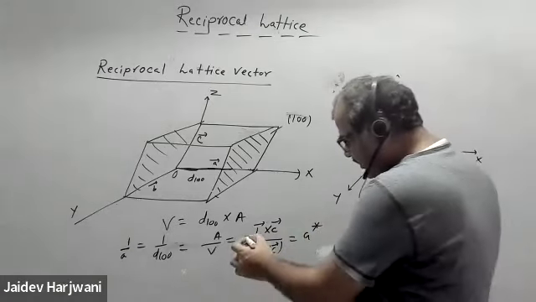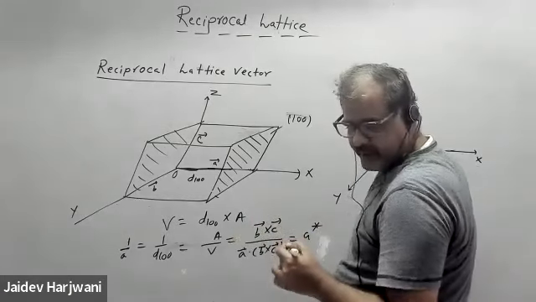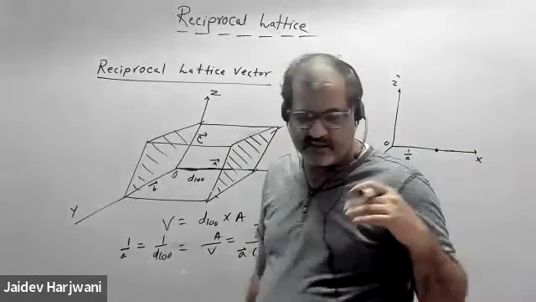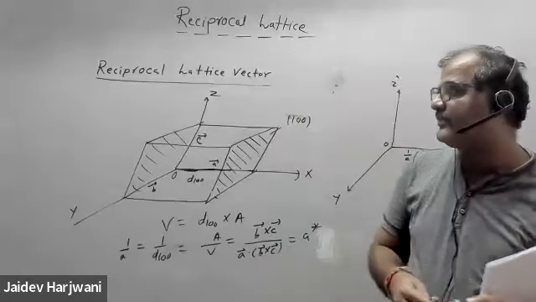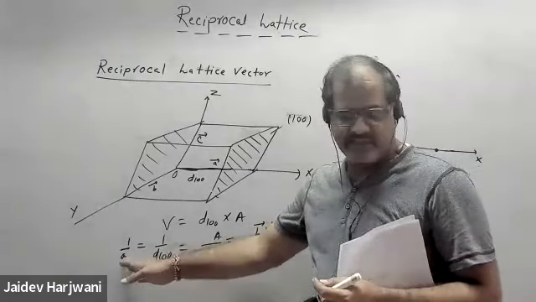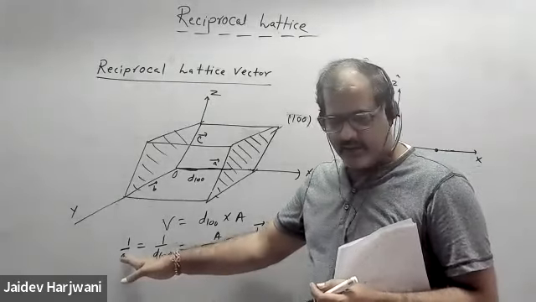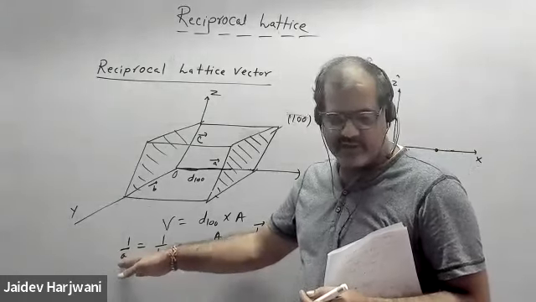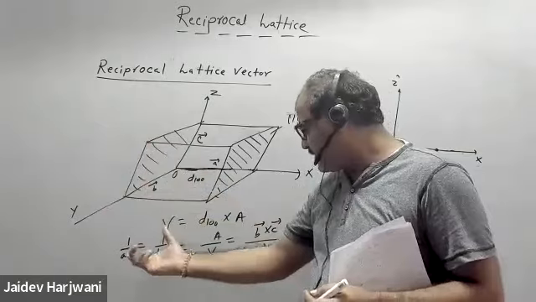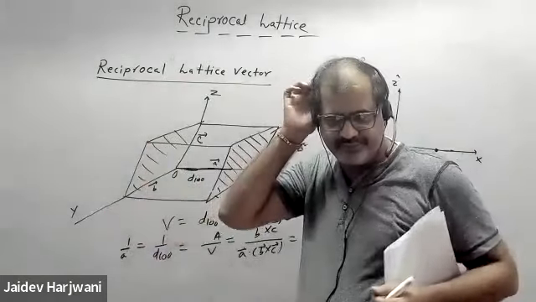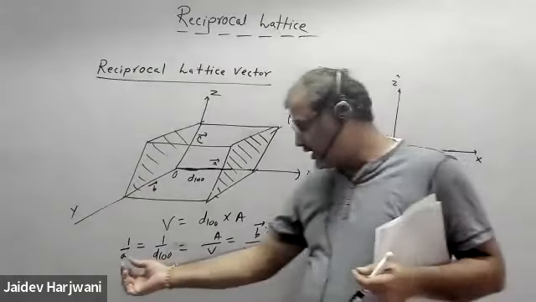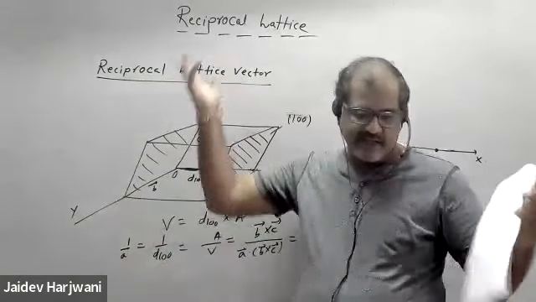Here we don't have to give 2 pi. Why did we not give 2 pi? 2 pi is a scaling factor. Because this distance is in angstrom, 1 angstrom, 2 angstrom, and if you take 10 to the power 10, the distance will be very huge. Compared to that, it is small in angstrom, and its inverse will become large.